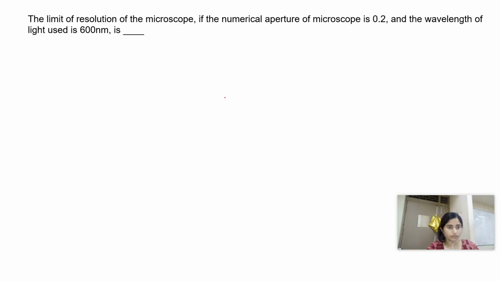Resolution limit is equal to lambda upon 2 mu sin theta, NA, right?